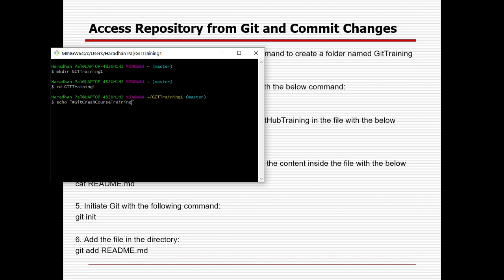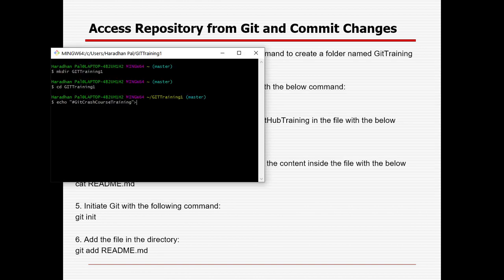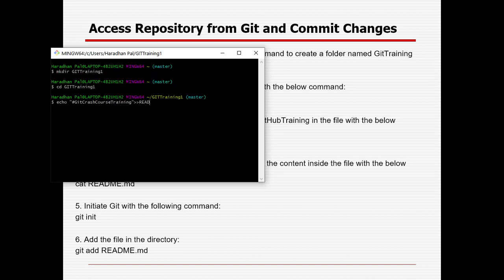Then again you need to give the greater than sign, and then the name of the file. The file name in Git is readme.md, which is the reason I am creating the same file.